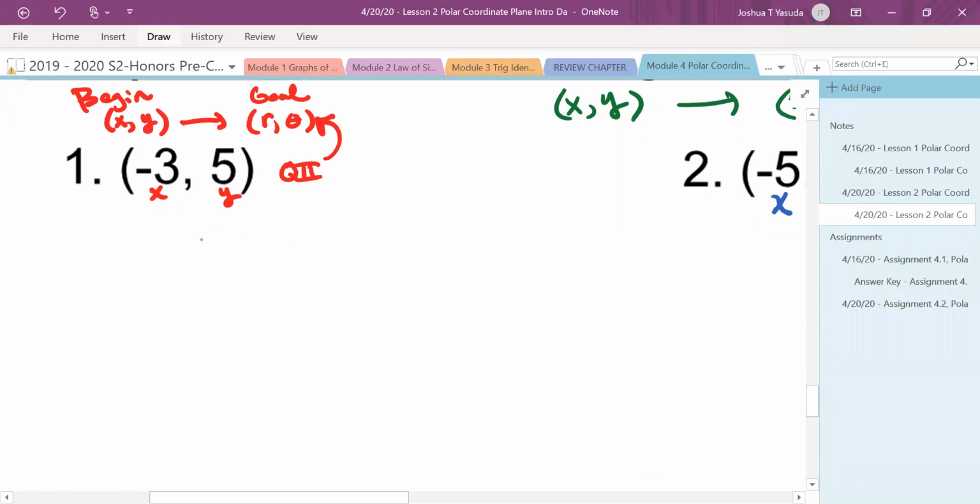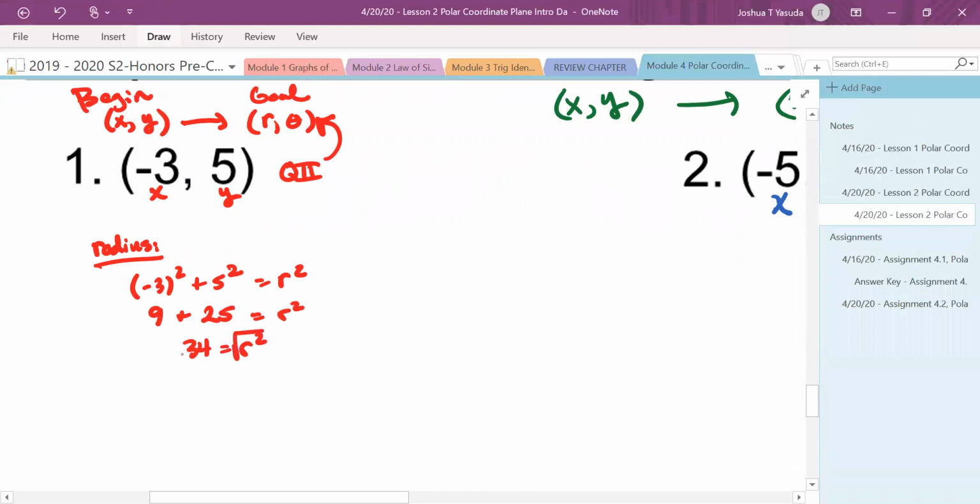All right, so here we go. To find the radius, right, because it's r comma theta, the radius is going to be found by doing -3 squared plus 5 squared equals r squared. So 9 plus 25 equals r squared, 34.